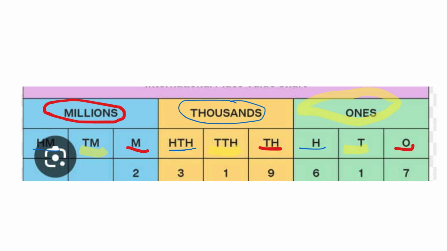In thousands, those we are saying they are ones, you can say it's only thousands. So if I say 1,000, 2, 3, 4, till 9, that one will be recorded in ones of thousands.